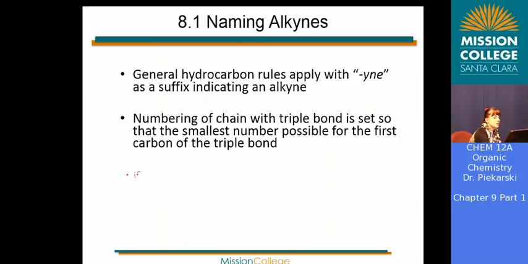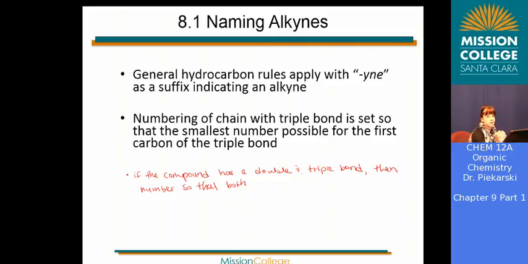So if the compound has a double and triple bond, then number so that both have the smallest number possible.